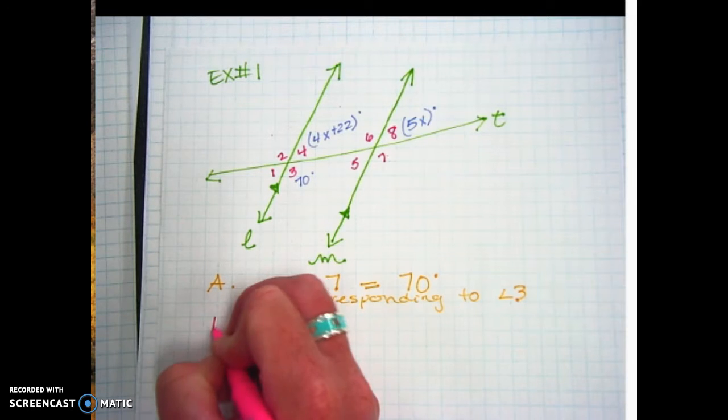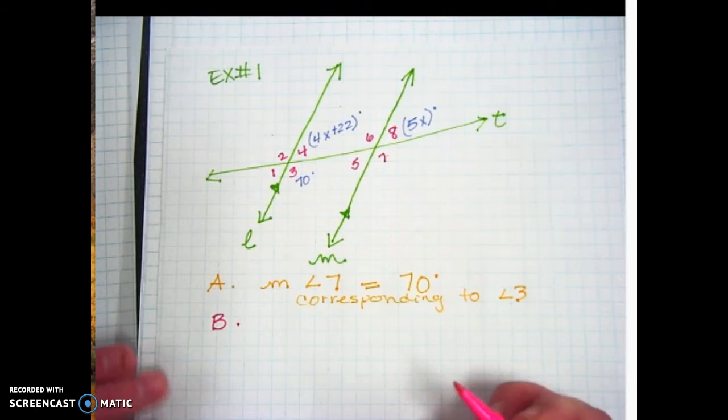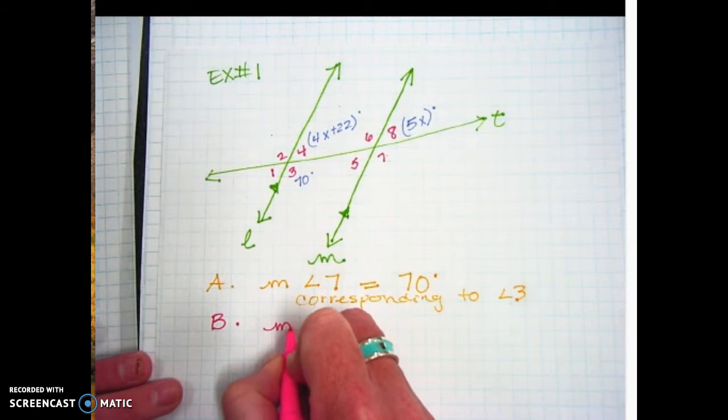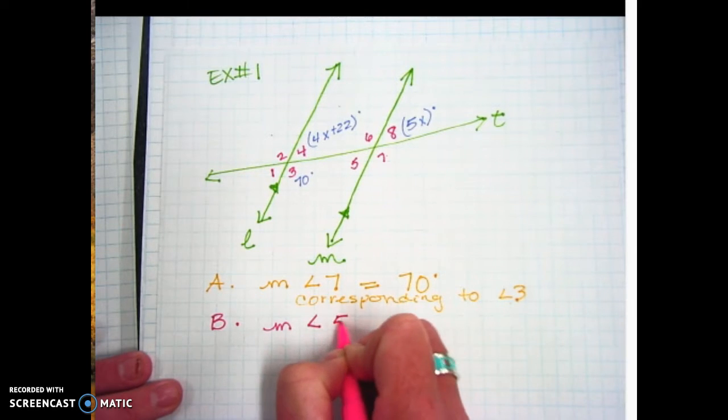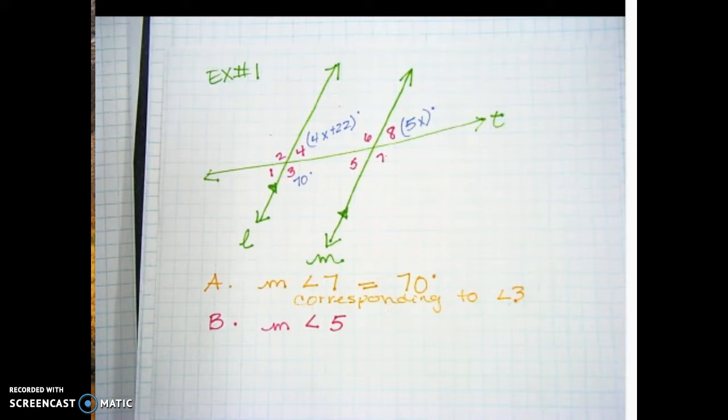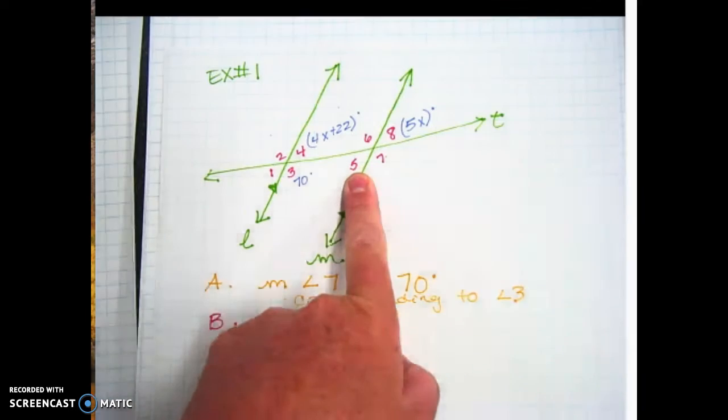Part B gets a little bit trickier. This time, we want the measure of angle 5. All right, so here's angle 5.